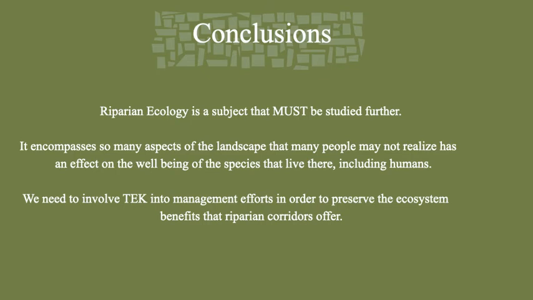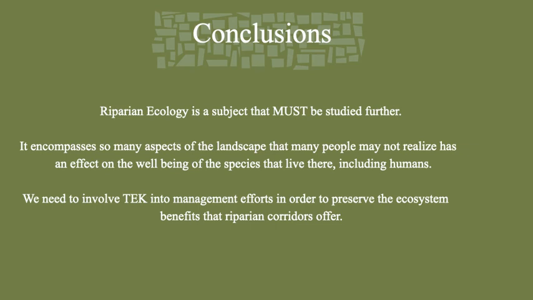So in conclusion, I think that riparian ecology is a subject that must be studied further. This is an extremely important subject, because it encompasses so many aspects of the landscape that people really rely on. And also people may not realize that the health of these systems really has an effect on the well-being of those species that live there, but also us humans.